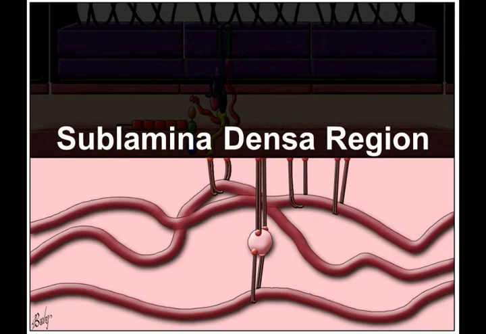And then the components within the sublamina densa region. These become especially important in immunobullous disease because we define the diseases, and know how to treat the patients and what the prognosis will be, based on where the immunoreactants deposit.